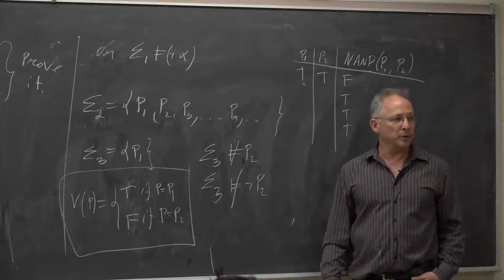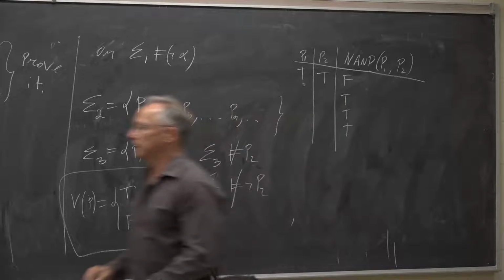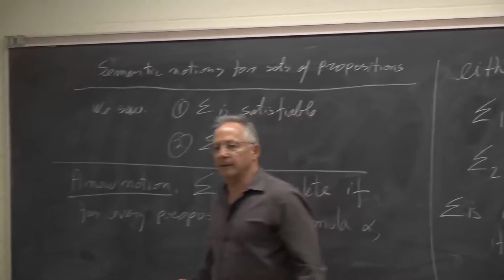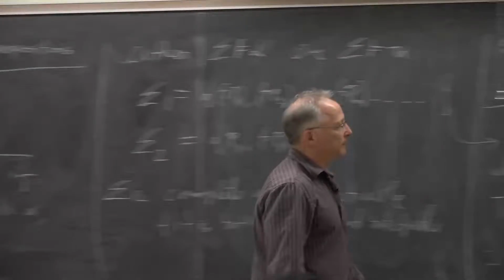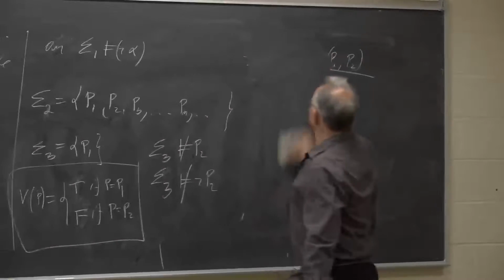But it was a very good question. How do I show that sigma does not logically imply a formula? I just show you an assignment that satisfies sigma and not the formula.